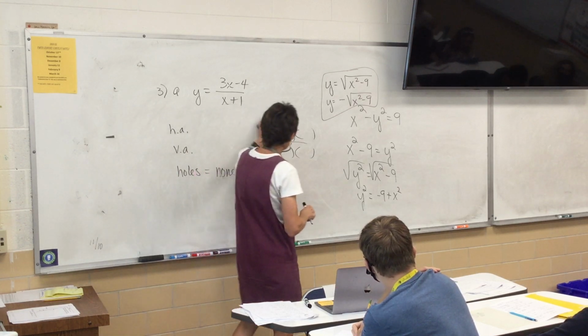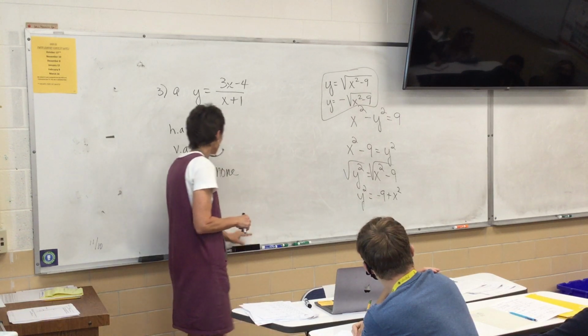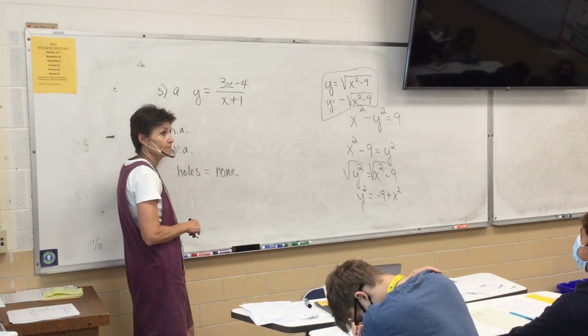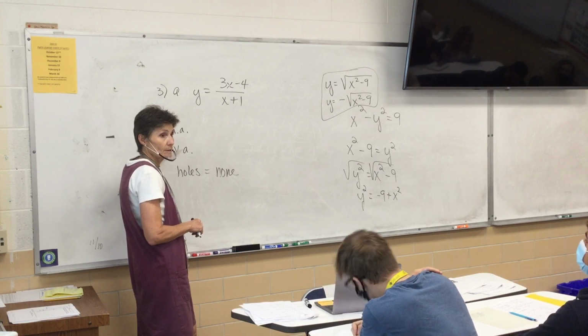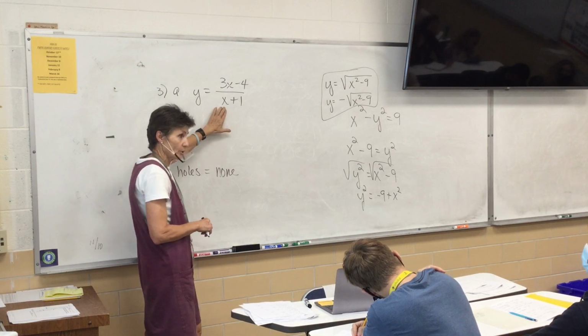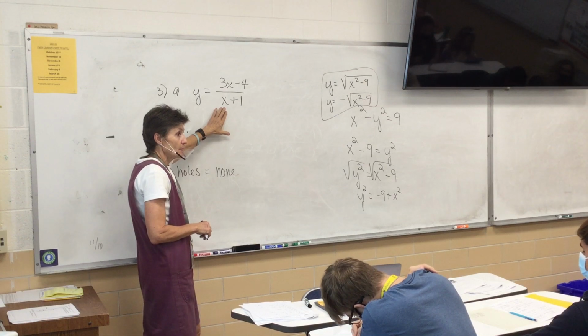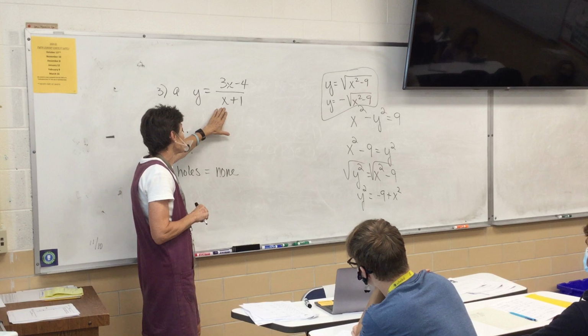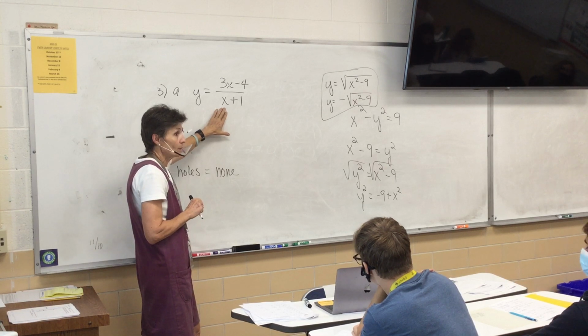How about asymptotes, though? Do you remember? How do we get the horizontal and vertical asymptotes from this picture? We use the denominator. Vertical, you look at the denominator. And what do I know about x? Well, x can be 0.